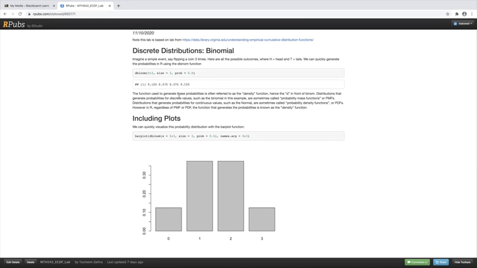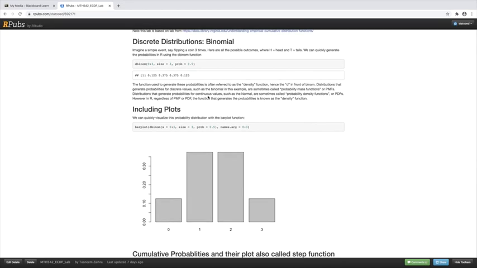The function that is used to generate these probabilities is often referred to as a density function, hence the name d. D stands for density. Distributions that generate probabilities for discrete values, such as binomial in this example, are sometimes called probability mass functions or PMF.